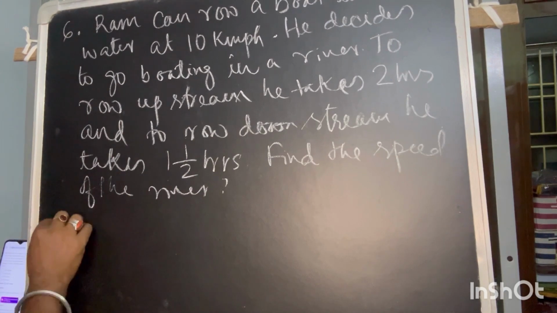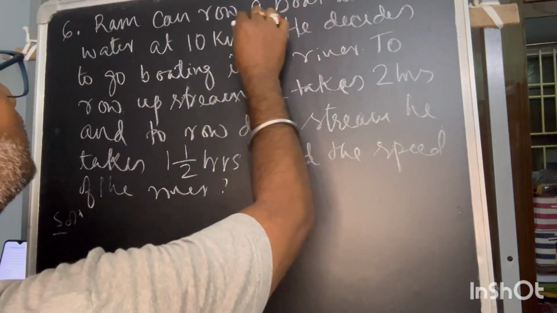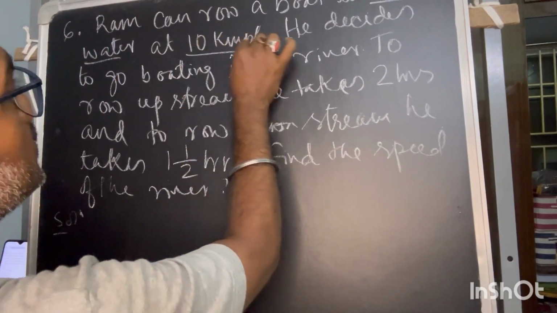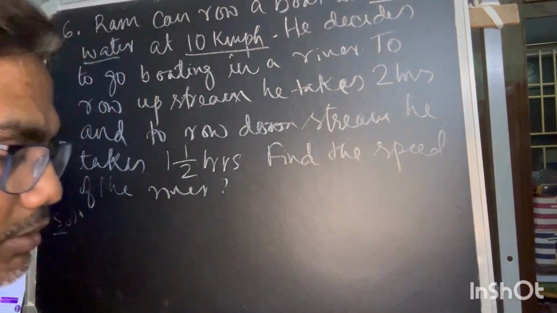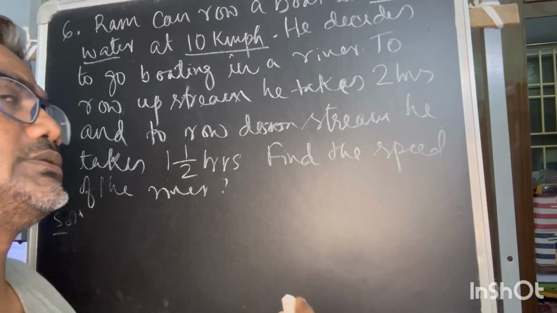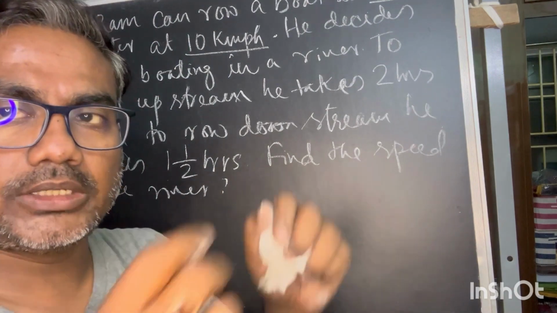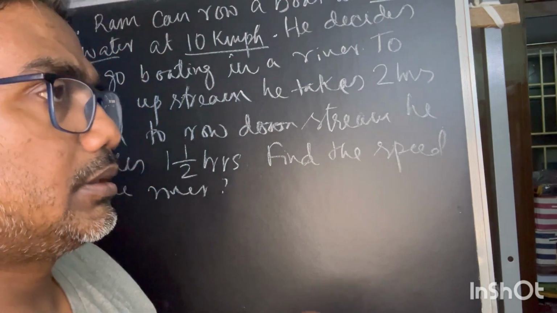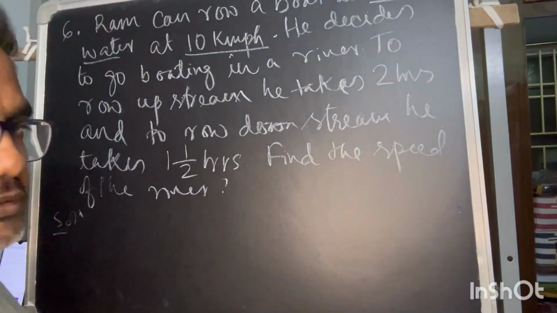Okay, fine. So as you can see, Ram can row a boat in still water at 10 kilometers per hour. That means whatever force he can put on his, what does it call, the boat being driven manually, some oar is being used.